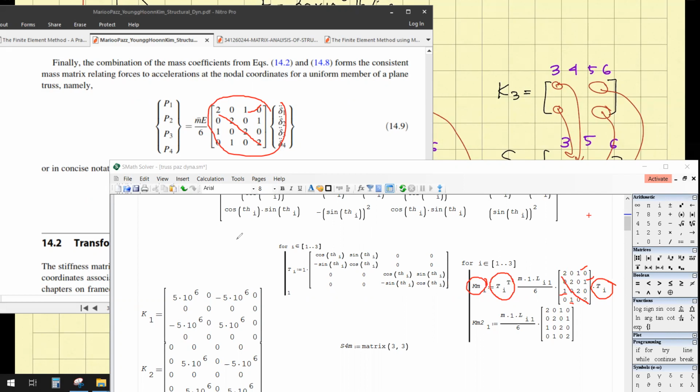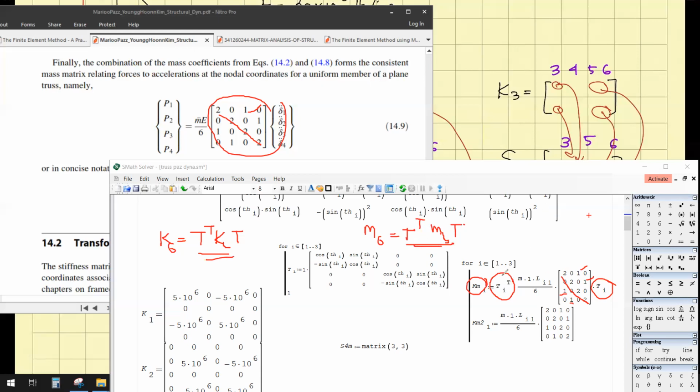Like with stiffness, to get the global stiffness you use this formula: T transpose K local times the transformation matrix. It's the same with the mass matrix. So the global mass matrix is T transpose, then the local mass matrix, times the transformation matrix. The same logic.